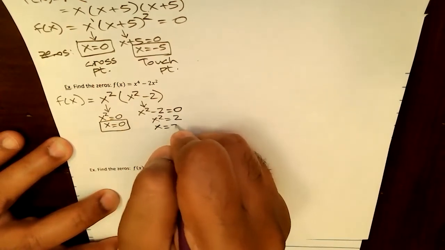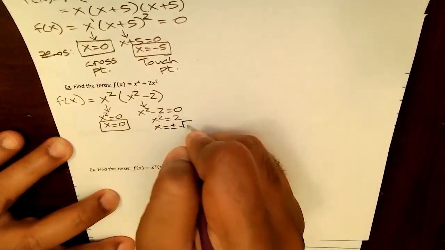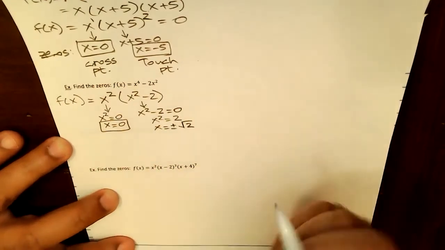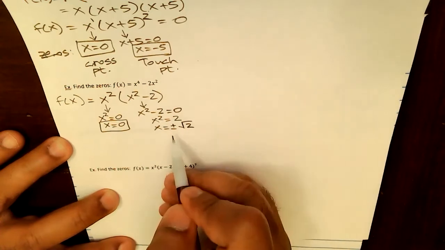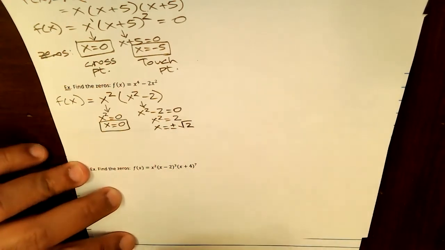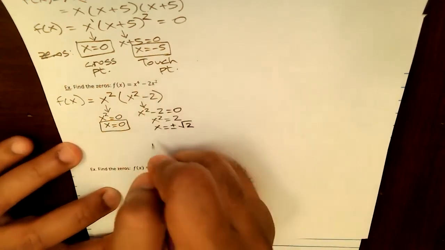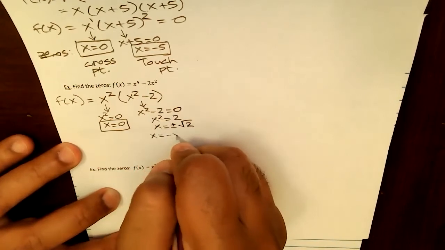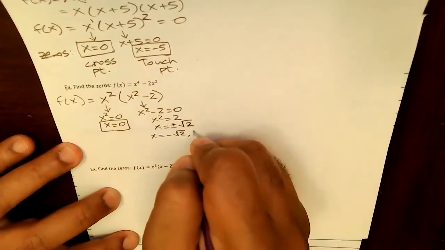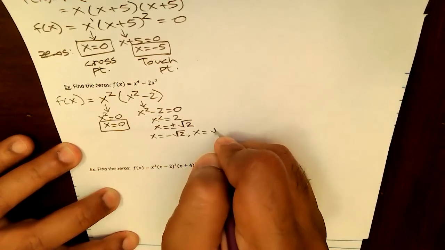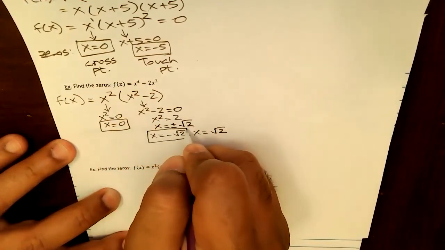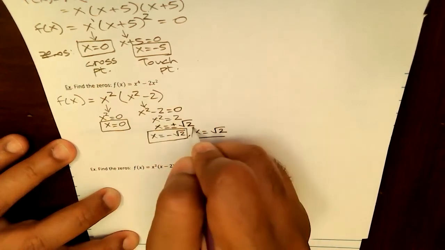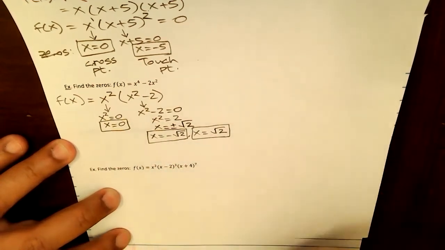And to get x by itself, I'm going to have to take the square root of 2. Whenever I take the square root of 2, remember you would have to add plus or minus. So we actually get 2 zeros from this. I have x equals negative square root of 2, and x equals positive square root of 2. So those are my other zeros.